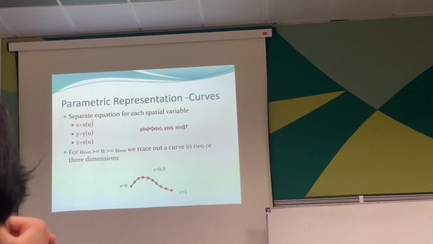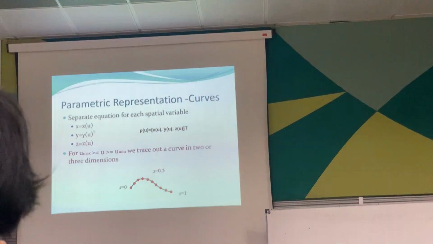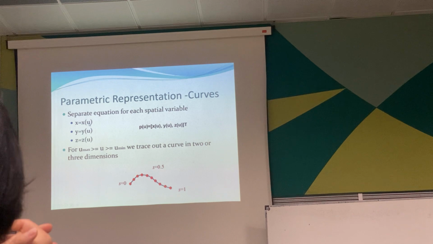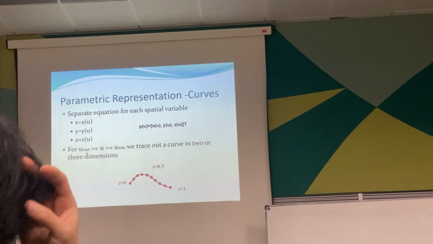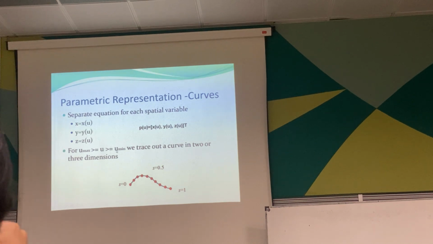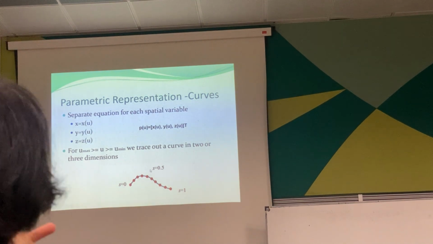That's why you have the parameter here. Each of x, y, z has a function to calculate, passing in the parameter u. Your u has a range, a min and max, and then you trace each of these x, y, and z.